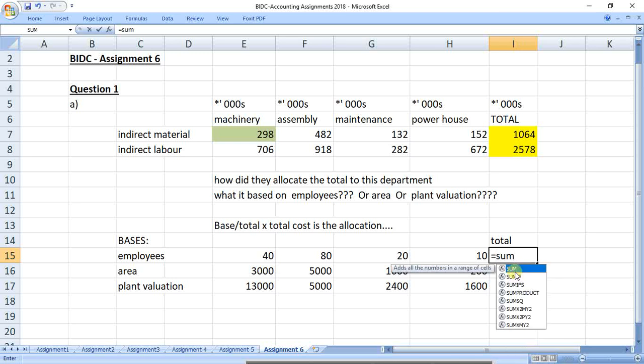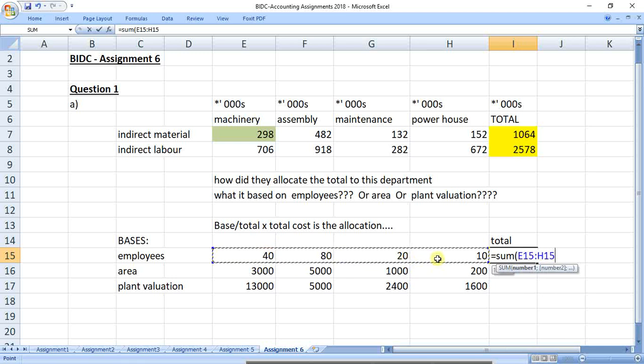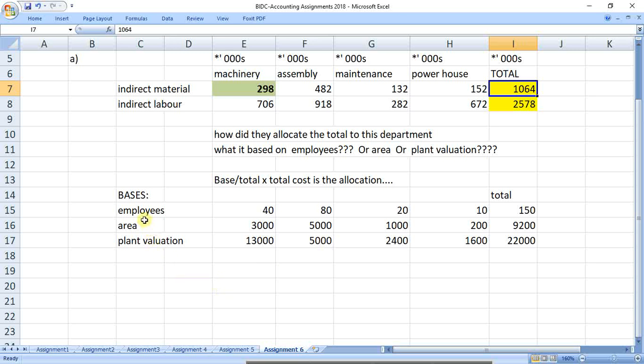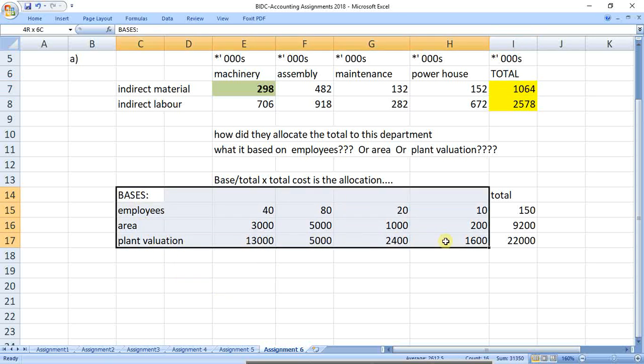How many employees does this business have in total? 150. How much area in total? 9,200. How much is the total plant worth? 22,000. So how did they get this? 298 as the allocation of that. Let's check using the basis.